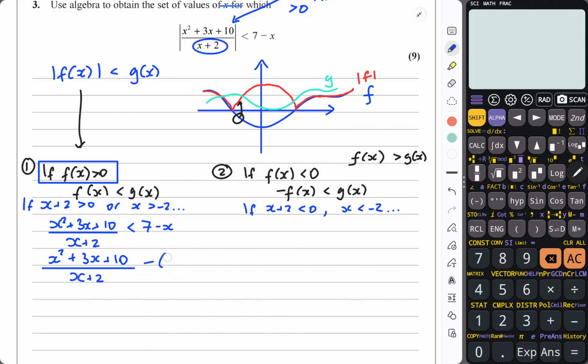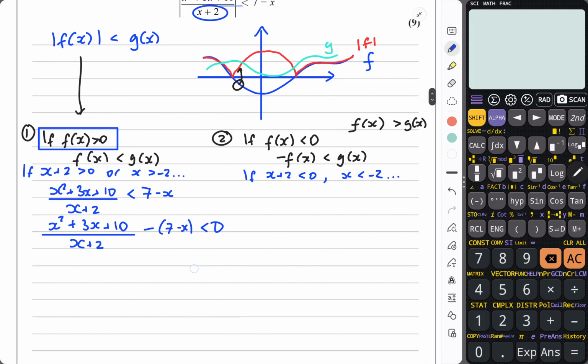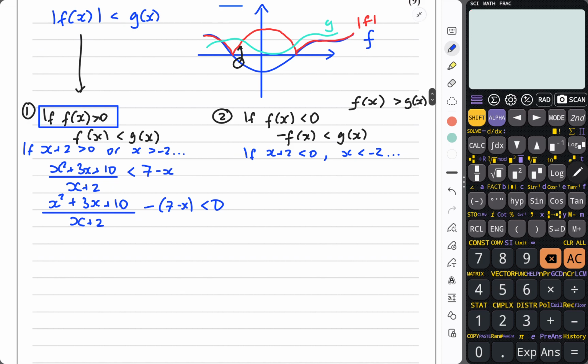So if I minus the 7 minus x, that would be less than 0. And then I can get a common denominator and combine the like terms. In this case, I could also multiply by x plus 2 because it is positive and it won't change the inequality sign. I would in general avoid doing that though, just to make it a bit easier.